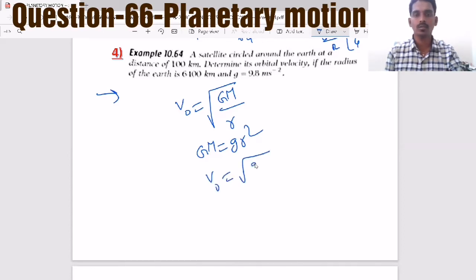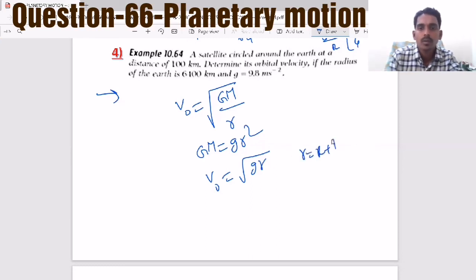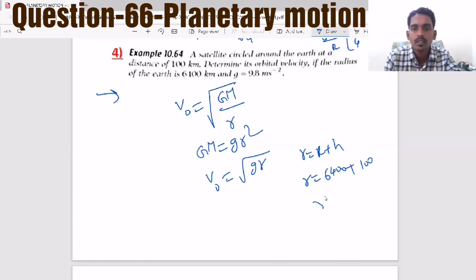So v naught will become under root g R. The g value is given, R value is given, where r equals R plus h. That means r is 6400 plus 100, so the r value will become 6500 kilometers.